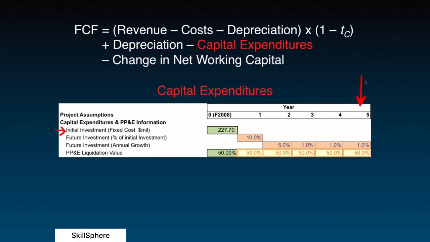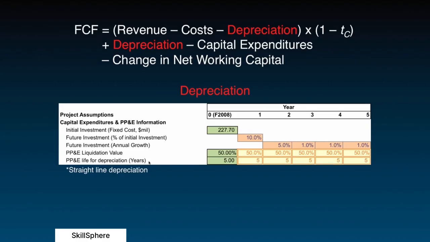So I'm going to assume I can do something with it. I could sell it. I could rent it out. I could redeploy it for another product. But I'm going to take a step back from precisely what I do with it and just assume a liquidation value or a valuation for it in which I get 50 cents on the dollar. Okay. It's just an assumption.